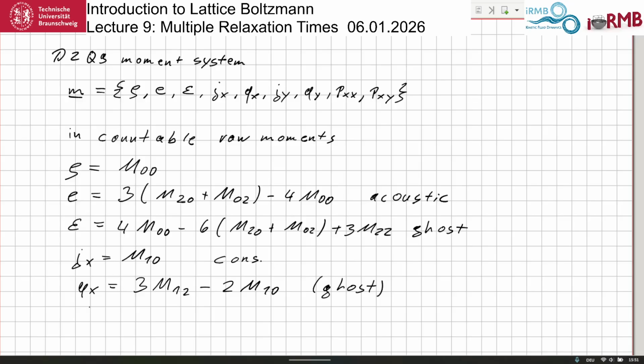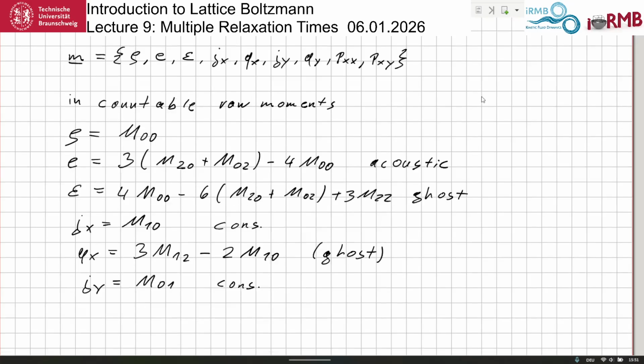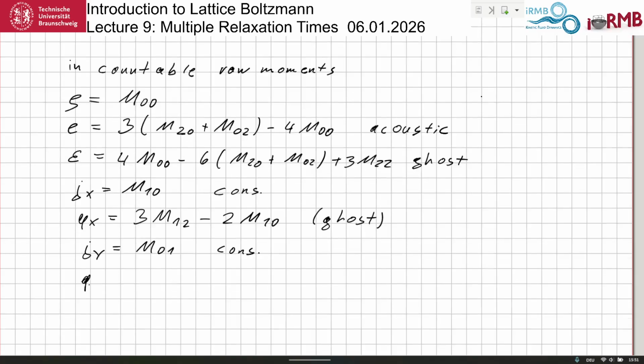Then we have Jy, which is m01. I'm using the original ordering, by the way. Qy is 3 m21 minus 2 m01. Again, a ghost.